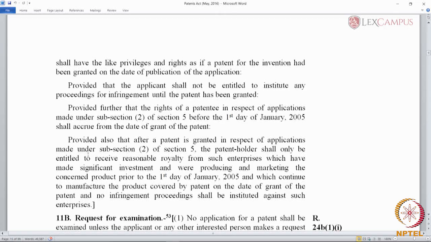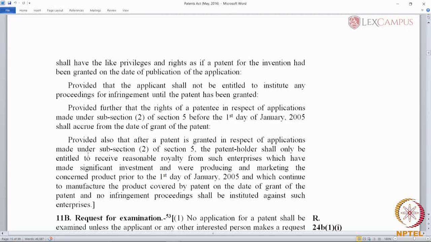This drug, though an application was pending since 1998, was manufactured by Indian generic companies because there was no patent protection during that time period. Till 2005 there was no patent protection. After 2005, when the application was taken up for scrutiny, Novartis received an EMR, an exclusive marketing right.